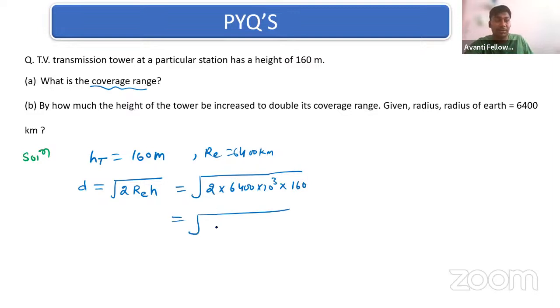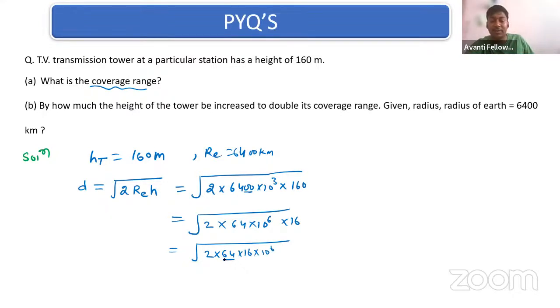Then this will be equal to 2 into 6400 into 160, which gives 2 multiply 64 multiply 16 and 10 to the power 6.